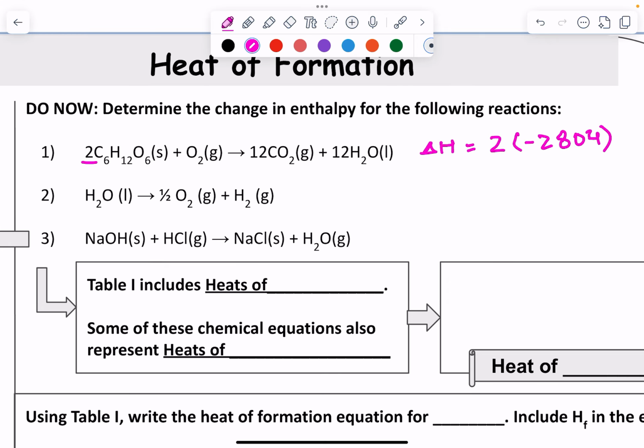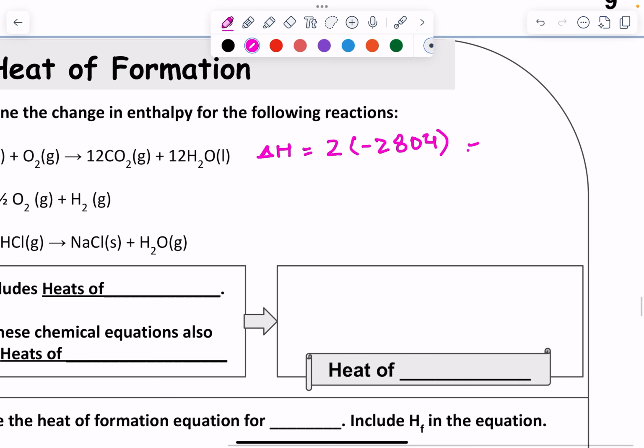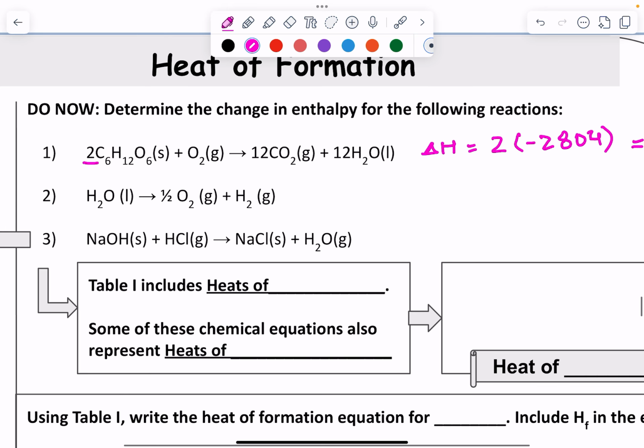And that gives us about negative 5,608 kilojoules per mole. And by the way, this should be 12 oxygens here, not just 1.